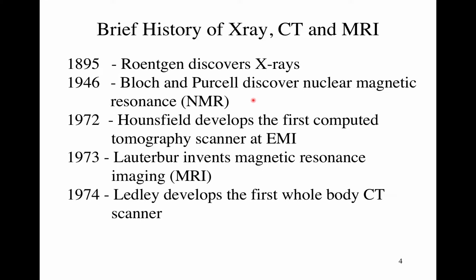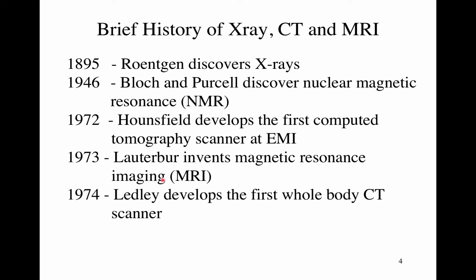You could actually stimulate a radio emission from the nucleus when it was in this magnetic field. They received, I think, a Nobel Prize for that, for the discovery of NMR. And then about 30 years later, people started thinking about and making NMR imaging devices, using that signal to actually image inside the body.